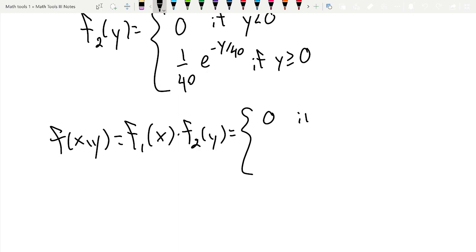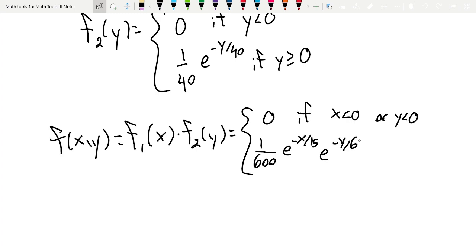And that's going to be 0 if x or y is less than 0. And then we multiply the two non-zero parts together, we'll get 1/600 e to the negative x over 15, e to the negative y over 40, if x, y both are greater than or equal to 0.